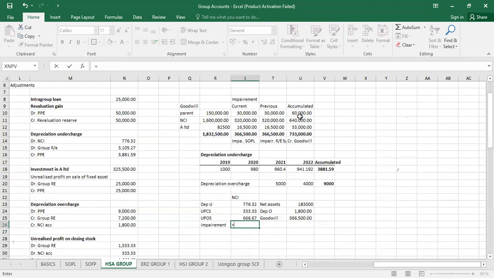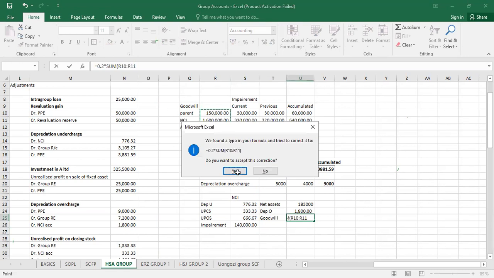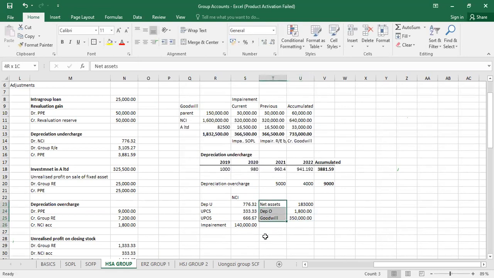So the two sum, and remember this is 0.2 also, times 0.2 because NCI is 20%. Here I'll correct, times the sum of the two, because the other one we took under the equity method. I'm being reminded to close the bracket. I'll put a left border, Alt HBL.